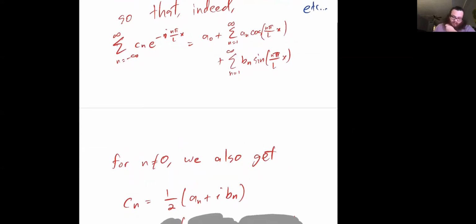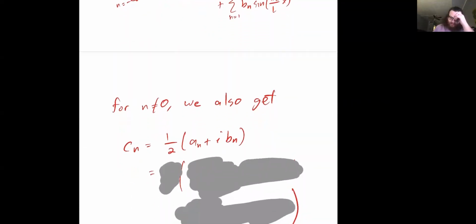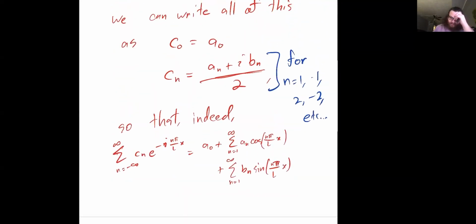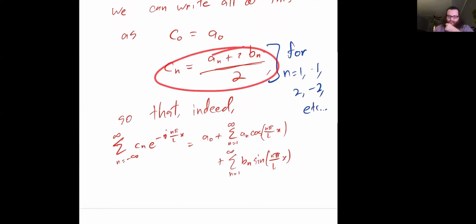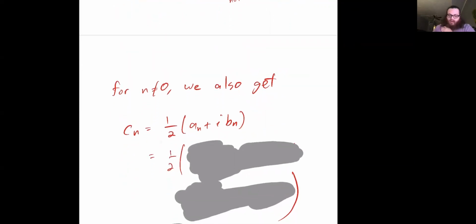Okay, so one more way of rewriting things as well. Suppose n is non-zero, so ignore that special coefficient. We had c sub n is that, so we're going to have 1/2 times (a sub n plus i b sub n). Keep the 1/2 out there. But now these we got from the function, in cosine.